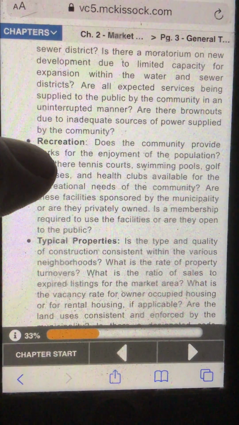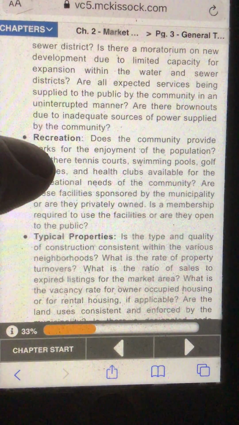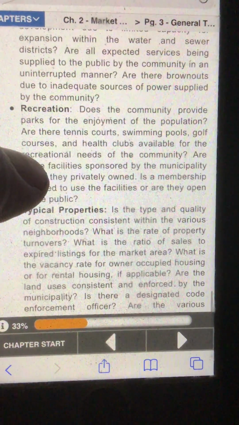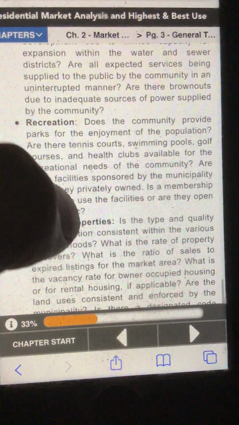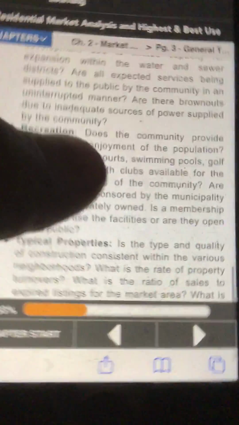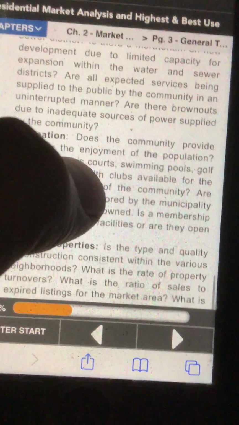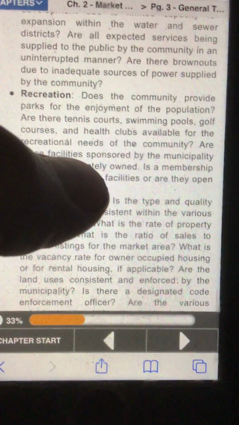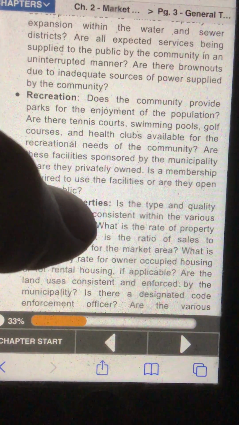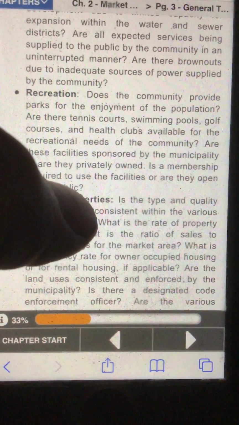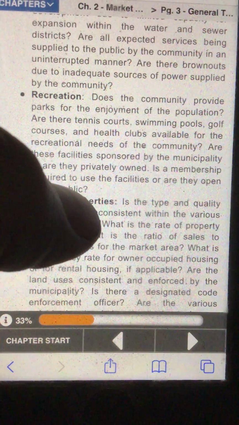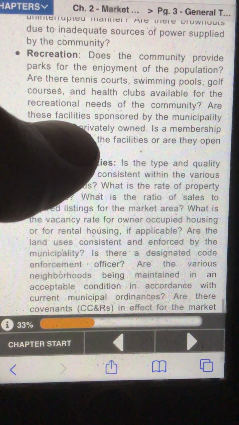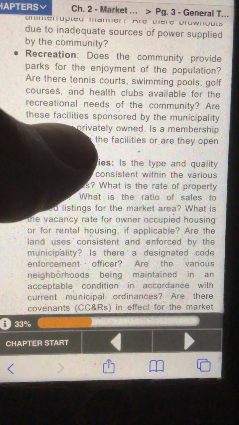Is there a moratorium on new development due to limited capacity for expansion within the water and sewer districts? Are all expected services being supplied to the public by the community in an uninterrupted manner? Are there brownouts due to inadequate sources of power supplied by the community?